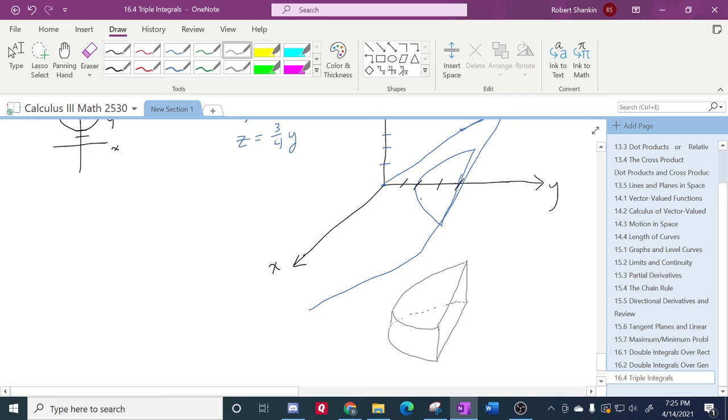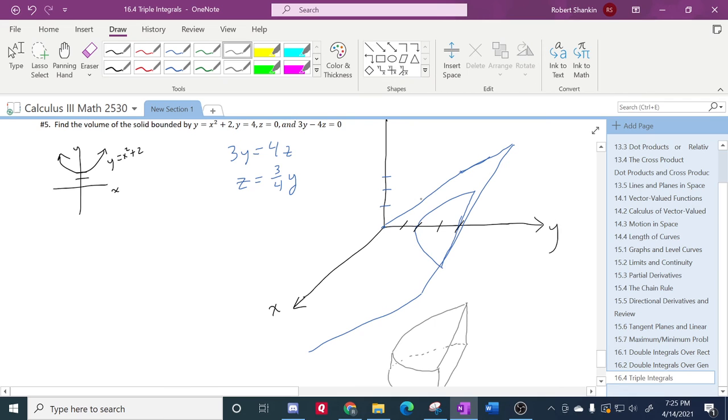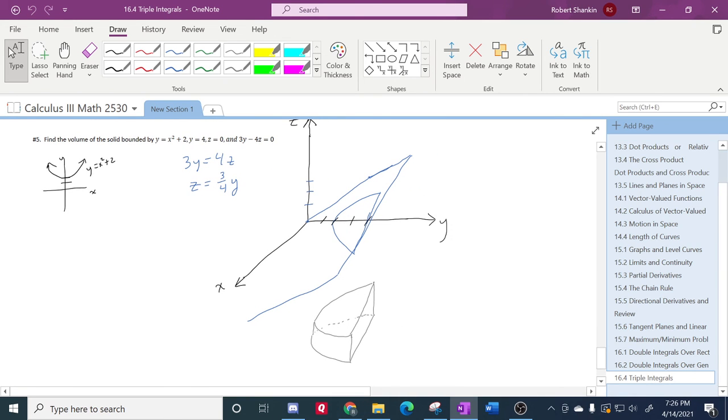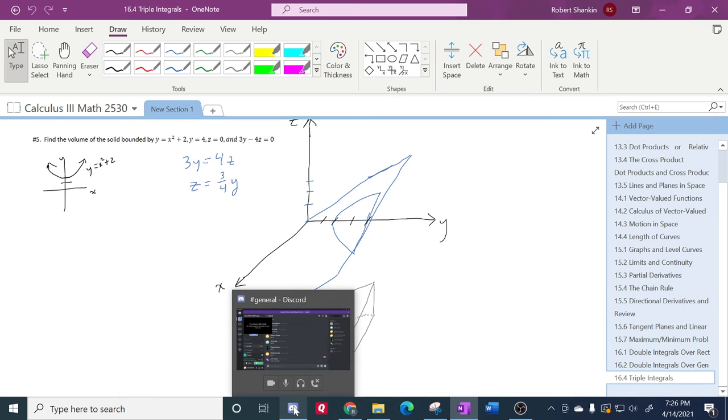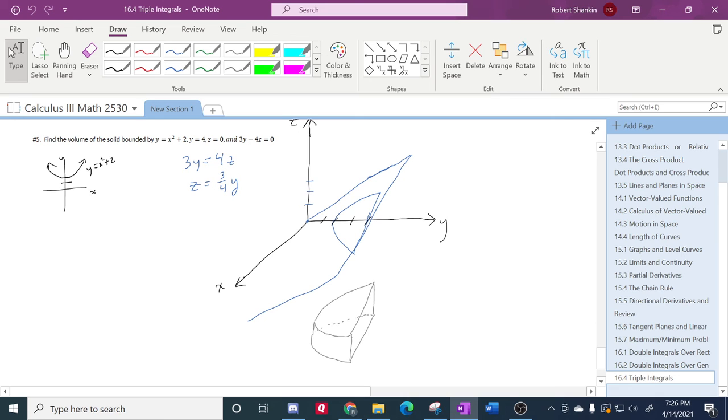Alright, so can you all follow that this is the shape in here that's being carved out from all of this? Give me a little feedback in the chat. How are we able to follow this, or is it too hard to visualize this?